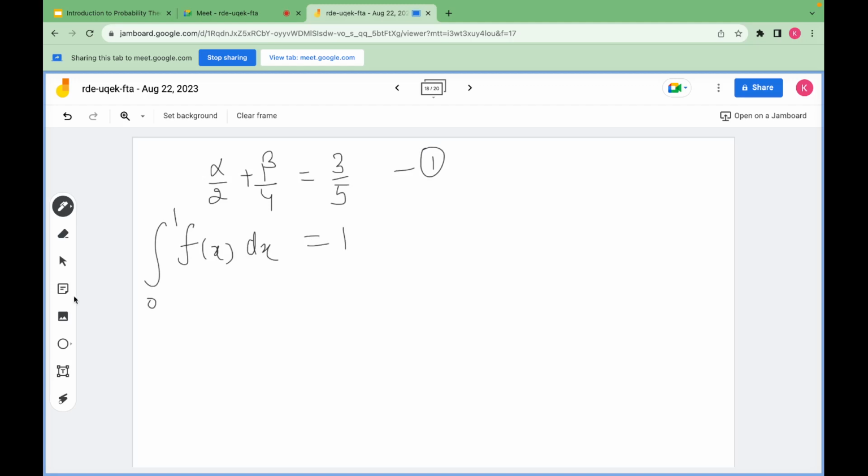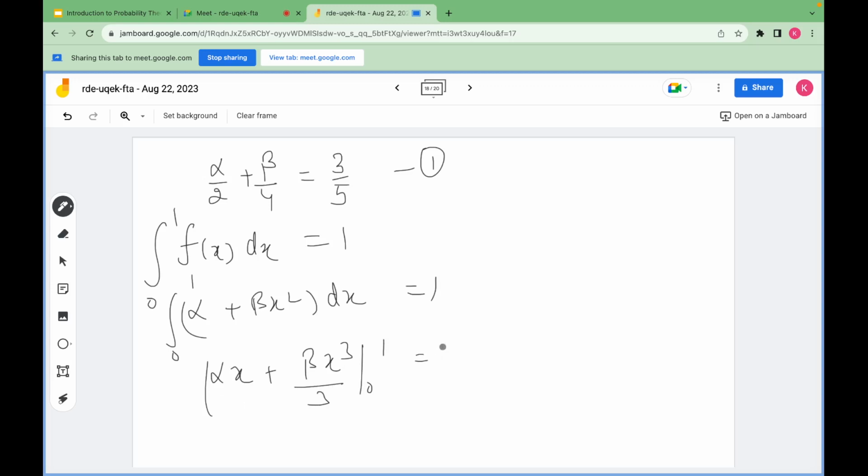Probability density function for the whole limit is 1. So this will become the integral of alpha plus beta x square dx from 0 to 1 is equal to 1. So alpha x plus beta x cubed by 3 from 0 to 1 is equal to 1. So this is alpha plus beta by 3 is equal to 1. This is the second equation.